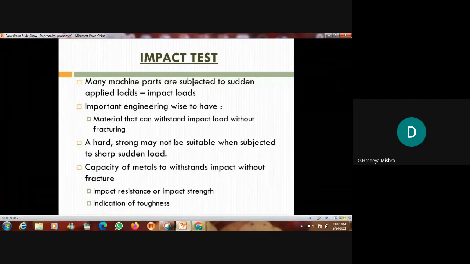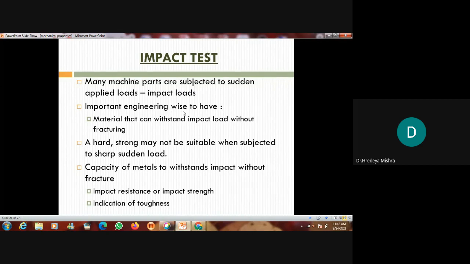Going from 10 to 100 means the load is directly increased by 90 kg. So the material may fail due to this sudden load. That's why we do the impact test. Many machine parts are subjected to sudden load; sudden load and impact load are the same.